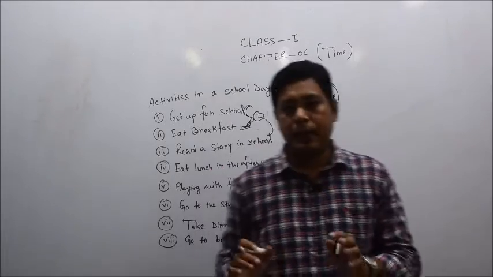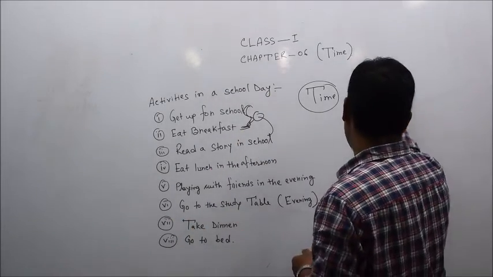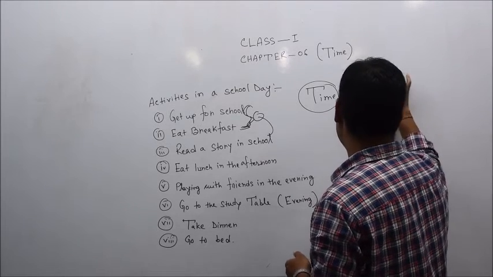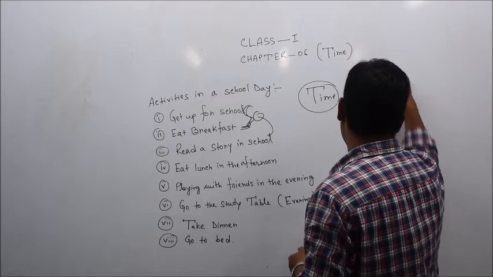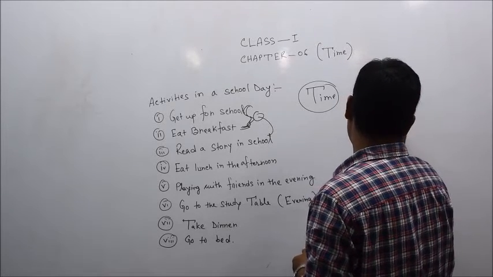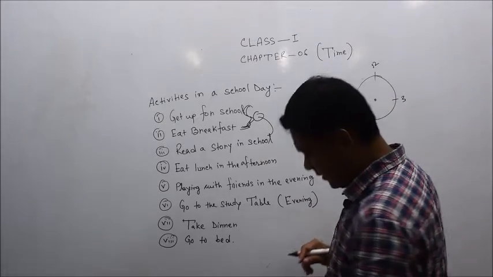Because we all know that in the modern day we have our wall clock or any other electronic clock. Say this is our wall clock, 6, 3, 9, isn't it?